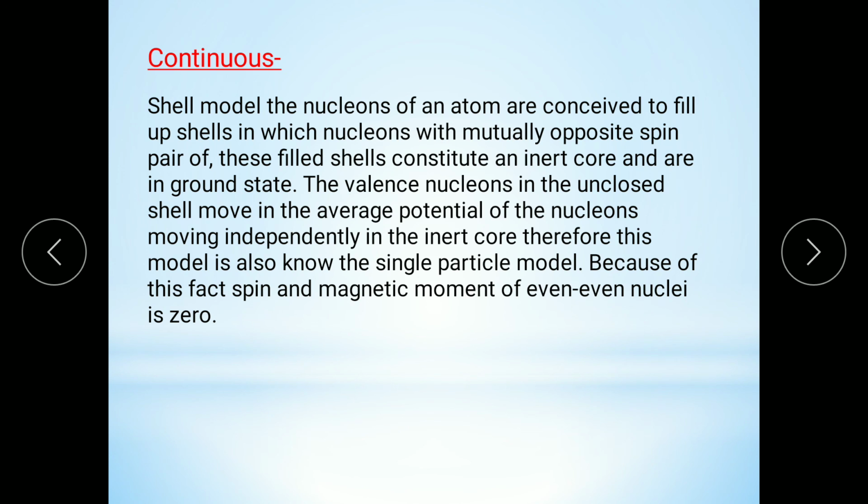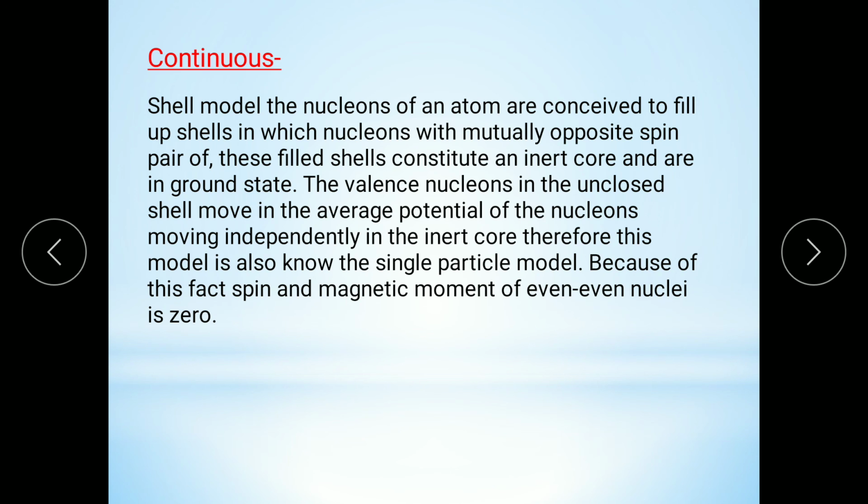The shell which is not closed is called unclosed, and the nucleon in that shell moves in the average potential of the nucleus, independently of the inner core.